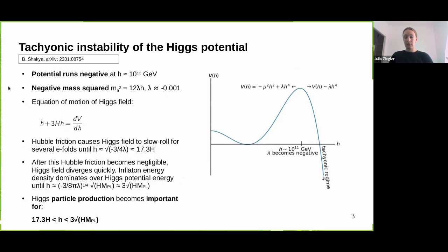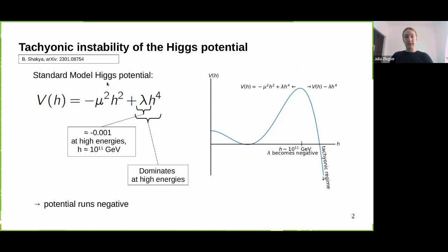So here you can see the potential, and at high energies, we can approximate the potential as this part, where the field appears with the power 4, which then dominates over the first part of the potential. So for low energies, we have the typical Mexican hat, that's the full potential. And for high energies, we can approximate it using only the second part of the potential.